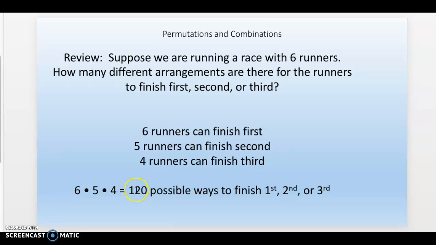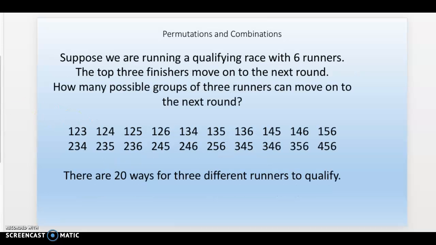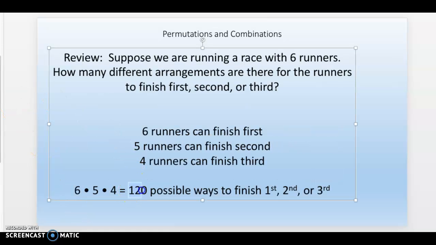There were 120 ways if order mattered. But in the qualifying race, order doesn't matter, so there's only 20 ways. Each one of these different groups of 3 has 6 permutations, which is why up here we ended up with 120 possible ways.